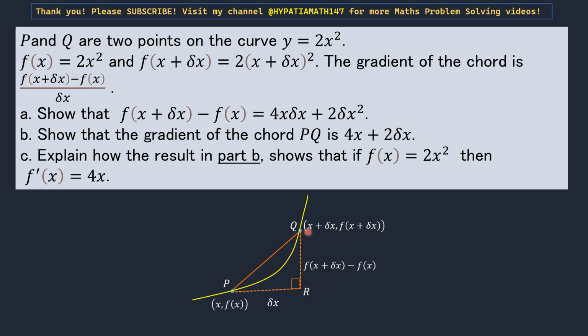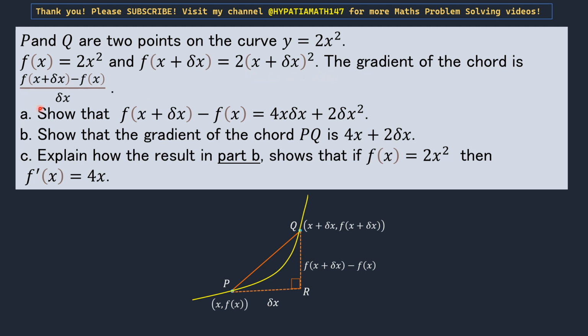So you can see that QR is f(x plus delta x) minus f(x), and of course PR is delta x. The question is saying that f(x) is 2x squared, so that's the equation of the curve, and f(x plus delta x) equals twice of (x plus delta x) whole squared.